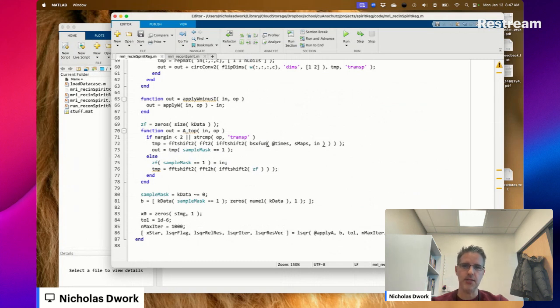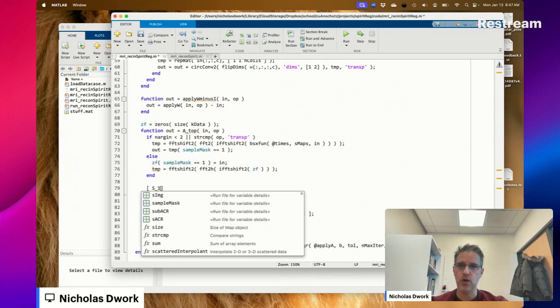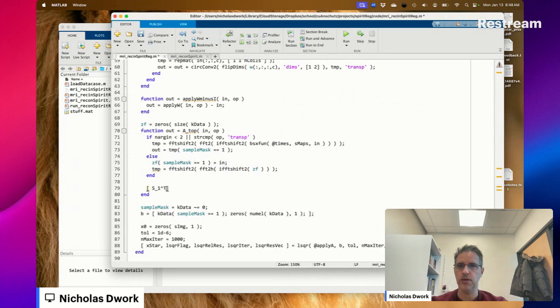Now I just need the adjoint of this. So this operation, if we were to write it out in matrix form, would be S1, S2, S3, up to the number of coils, times n.